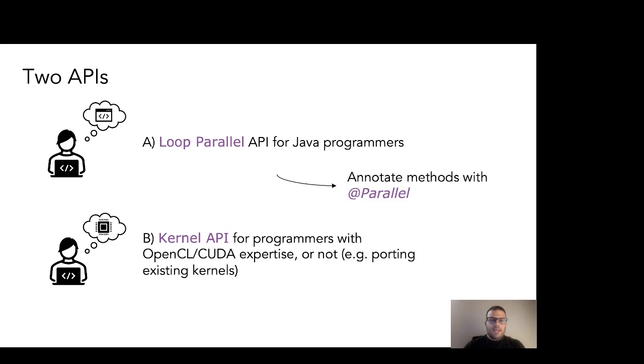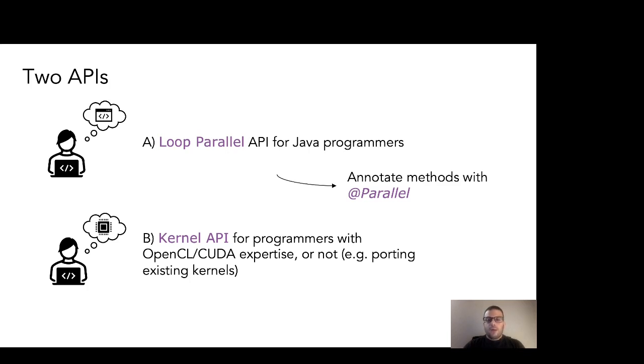The second API is the Kernel API, and we have designed this in order to give programmers more freedom regarding the OpenCL and CUDA features that they can exploit. In a sense, this is designed either for programmers that have OpenCL and CUDA expertise and know what they are doing. If they want to use, for example, local memory, they can use this API.